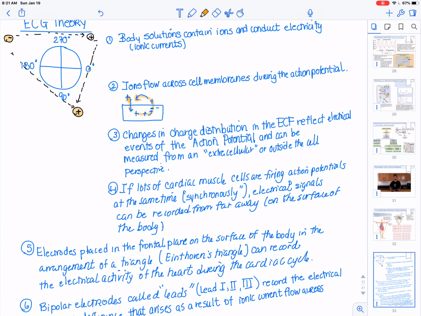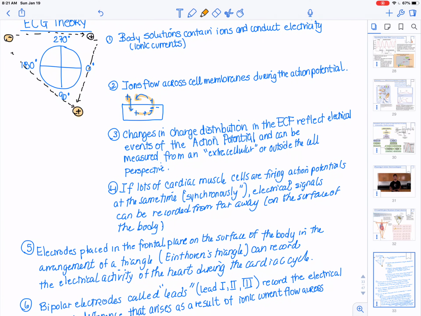And the perspective of the ECG is to put those electrodes, for example, here and here. And so we get to see the net effects of positive moving into the cell leaves negative on the outside. And then when the positive moves down the cell or down the heart, that is going to move the positives that were on the surface away in the other direction.